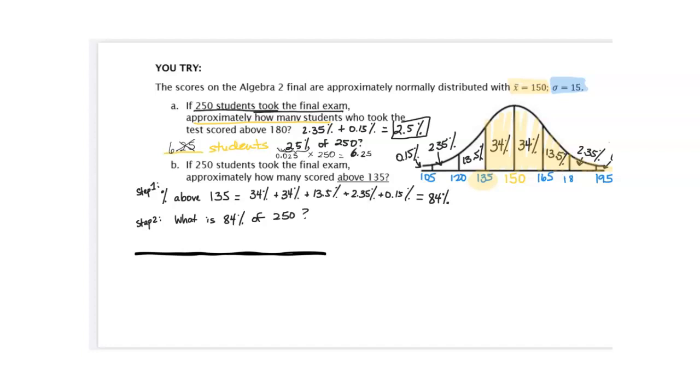We change 84% to a decimal, 0.84, and multiply it by 250. It gives us 210. So our answer is 210 students scored above 135.